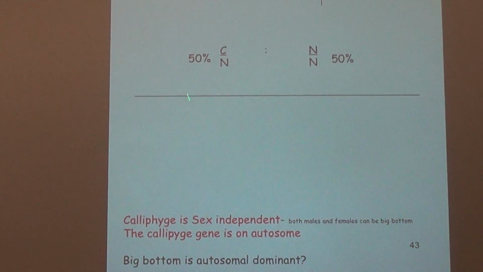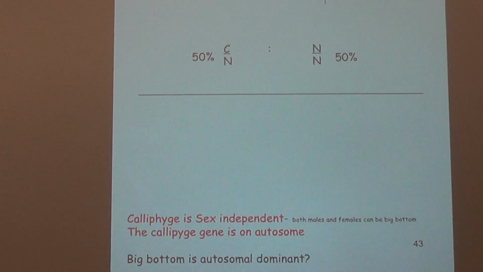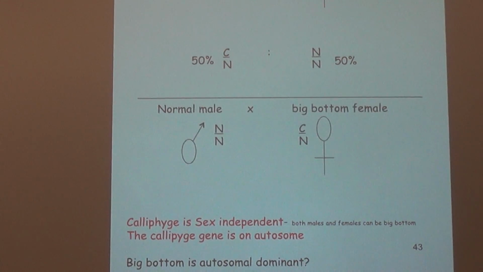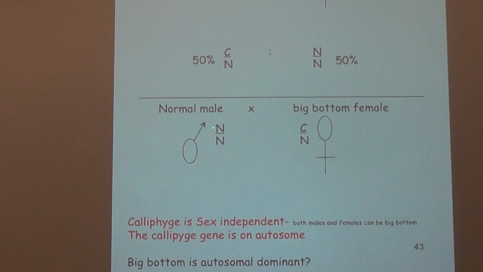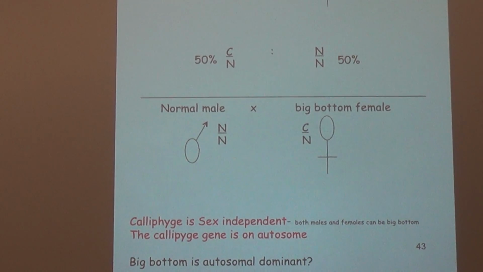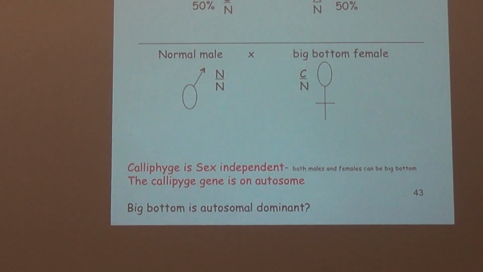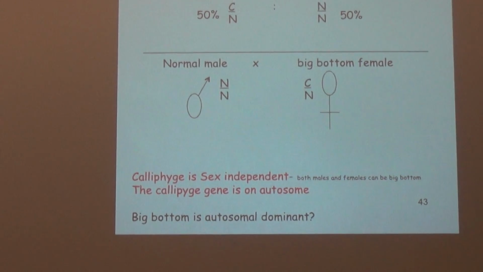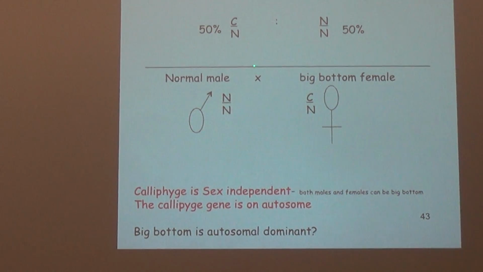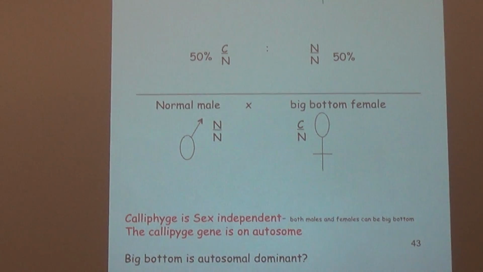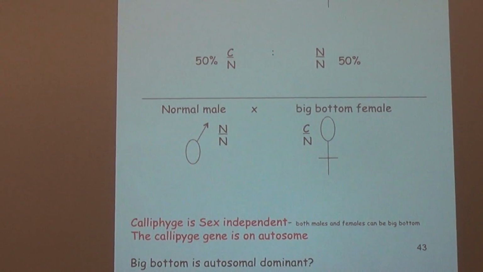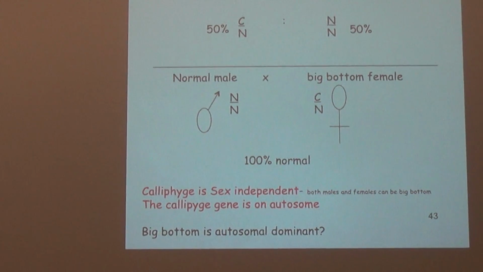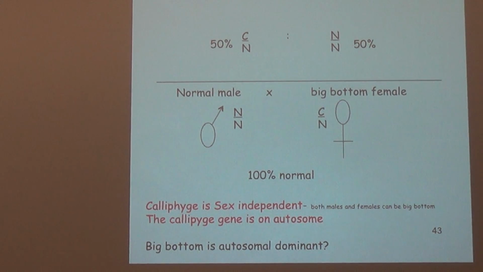They took a big bottom female and crossed it to a normal male. Now what would you expect in this cross if Mendel is right? You should get 50% Callipyge, 50% normal. What you observe is 100% normal.